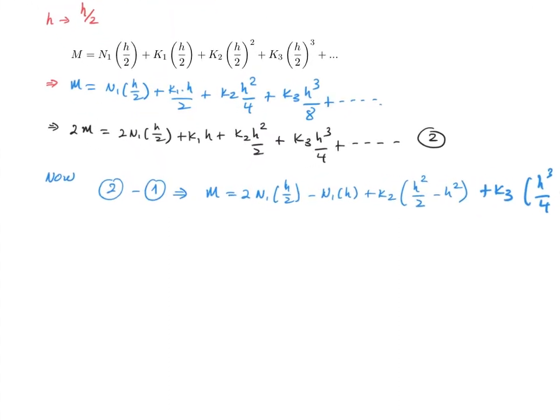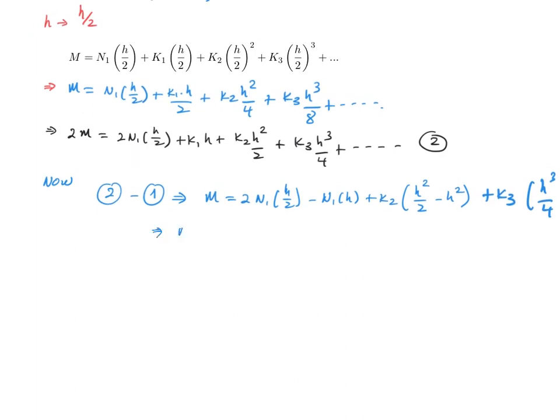Right, so therefore the value for M is going to be 2 M1 of h over 2 minus M1 of h minus k2 h squared over 2 once you combine the like terms, and then minus 3 over 4 k3 h cubed, and then that.